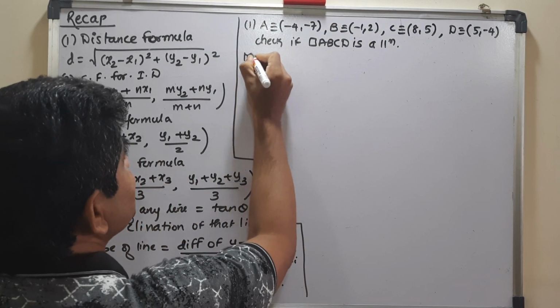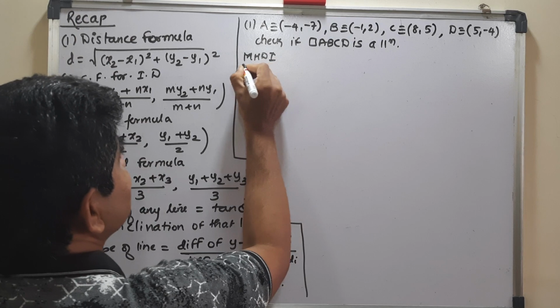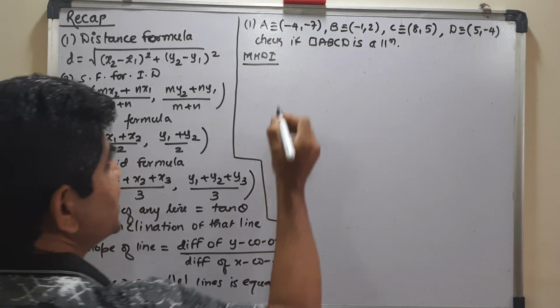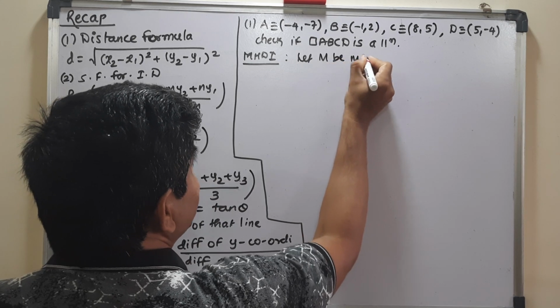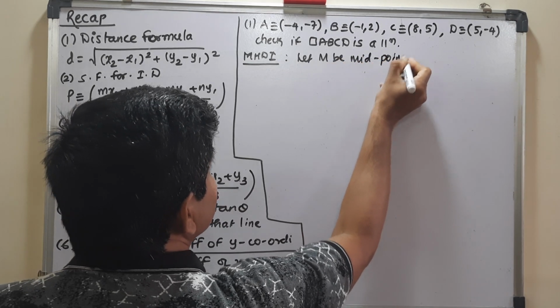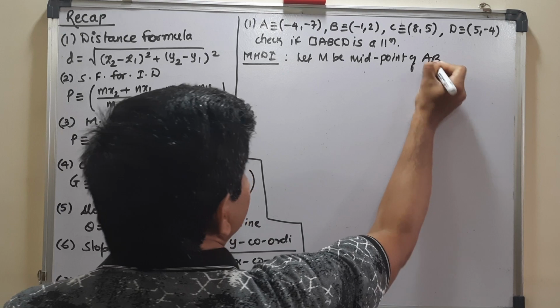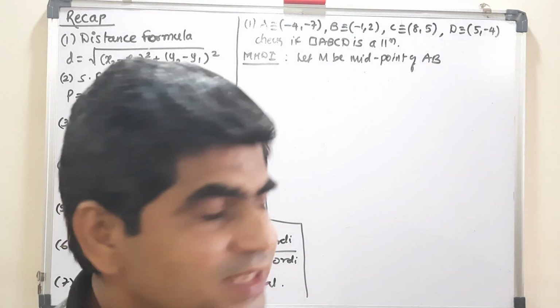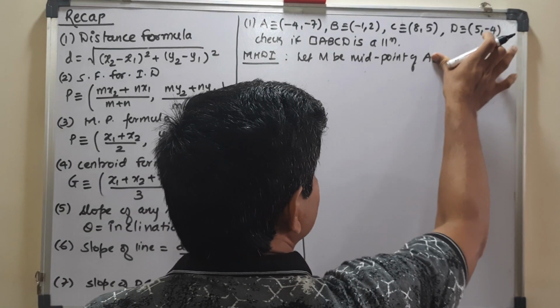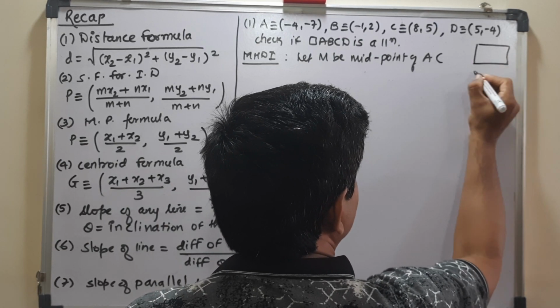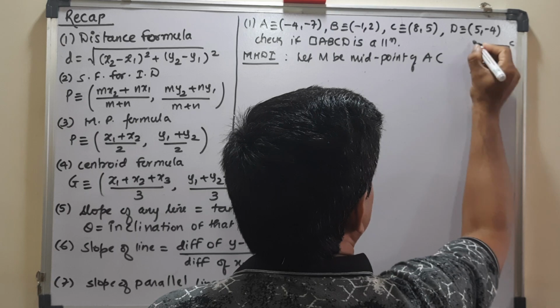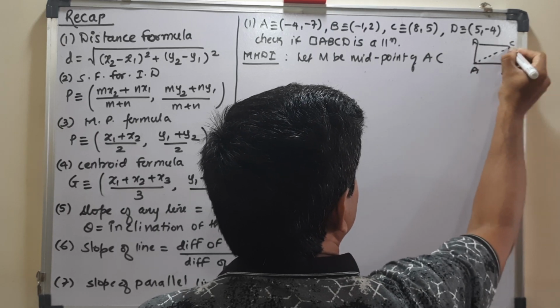Let M be the midpoint of AC. I am not saying that it is a diagonal, because when you draw it like this, A, B, C and D, I am talking about this.